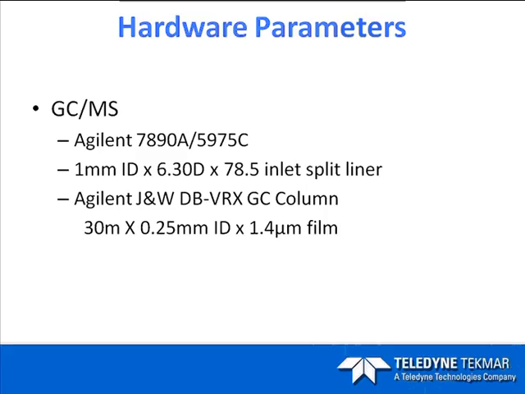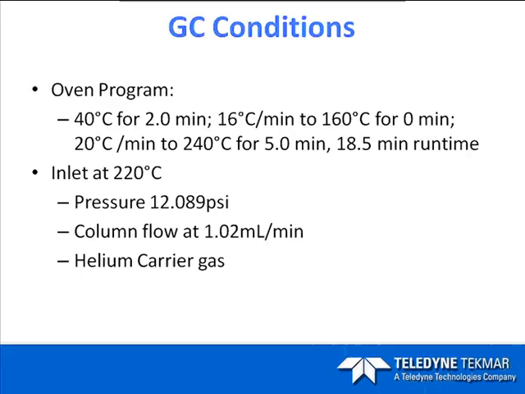And we used these parameters for all three techniques that we were looking at. For the oven program, we started at 40 degrees Celsius and held that for 2 minutes, ramped 16 degrees a minute to 160 degrees. Then we ramped 20 degrees a minute to 240 degrees and held that for 5 minutes for a total runtime of 18.5 minutes.